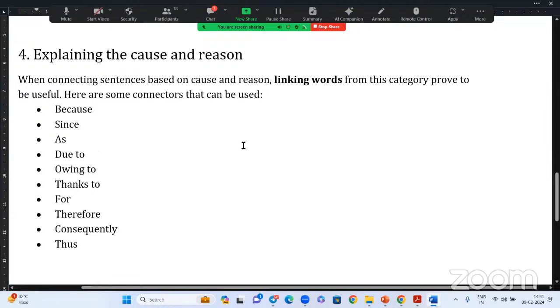Yeah, because, since, as, due to. This is cause and effect. So consequently means because. Okay, as a result, as a consequence. There are many other words which are not there. They give only some. It doesn't mean that these are everything. These are not the only things. A number of things. Consequently.